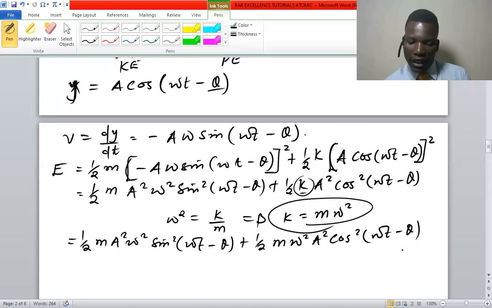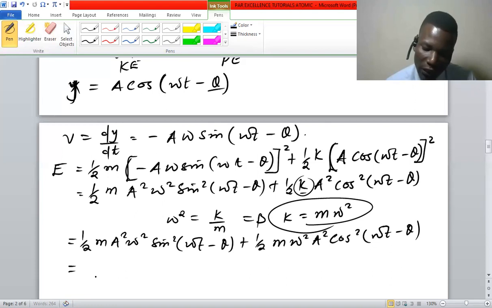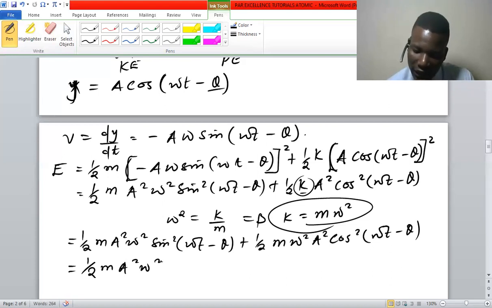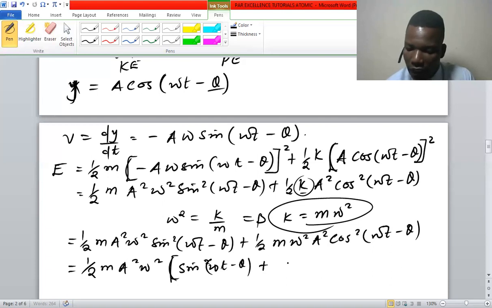Now we can factor out what is common here, and what is common is half m a squared omega squared, and then we have sine squared plus cos squared.